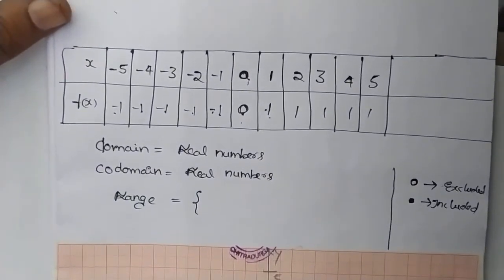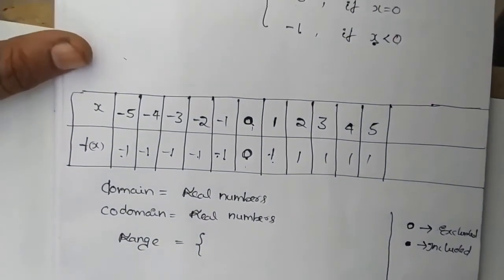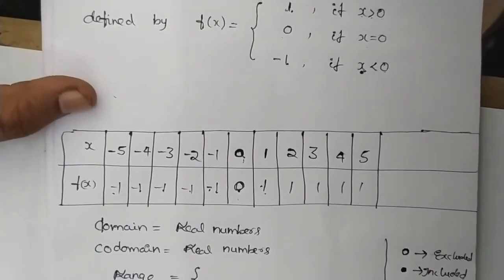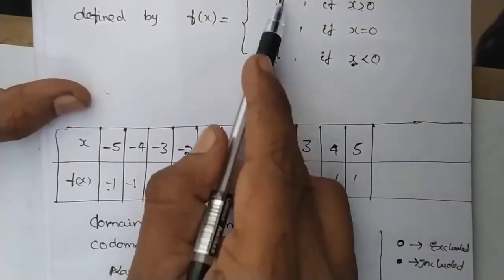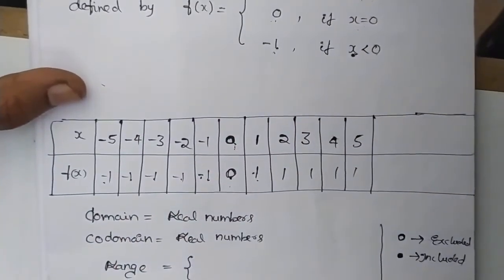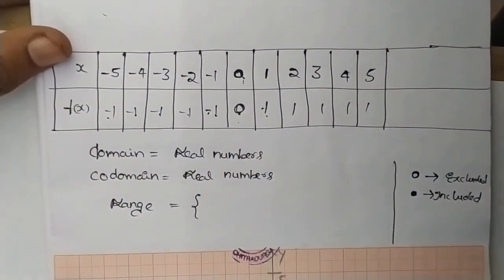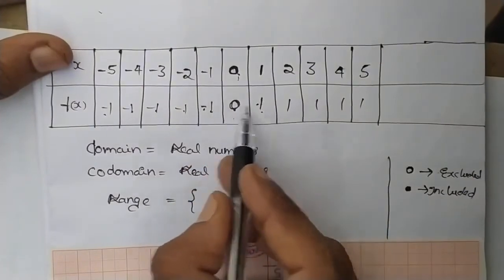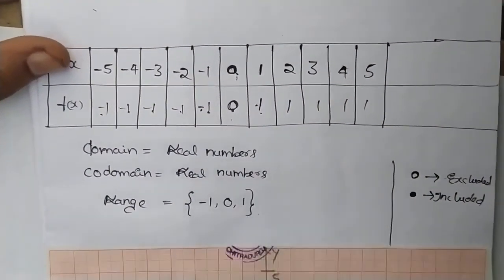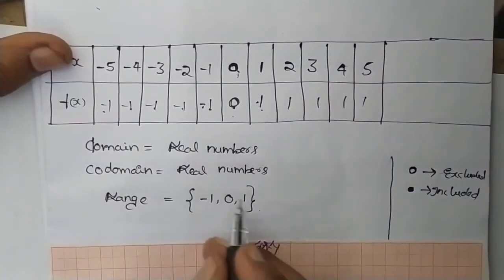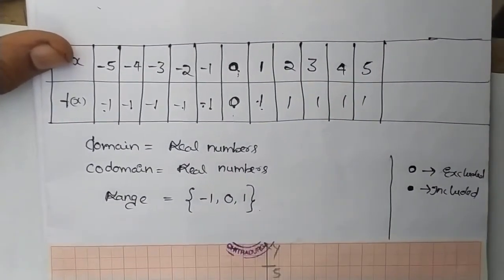You just see the definition for this function. Here we have -1, 0, 1 will be the range. Apart from these 3 values, we are not getting any other value.